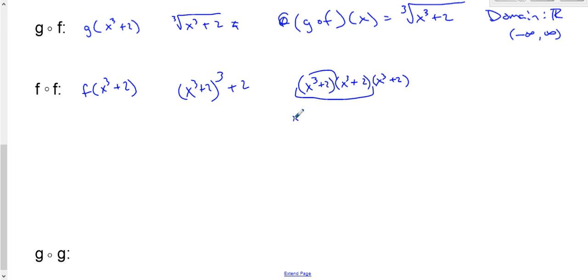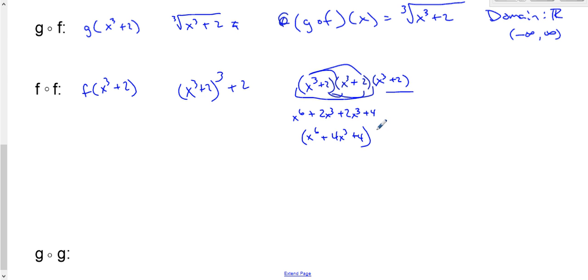We will get x to the 6th plus 2x to the 3rd plus 2x to the 3rd plus 4. That will give us x to the sixth plus 4x to the third plus 4.